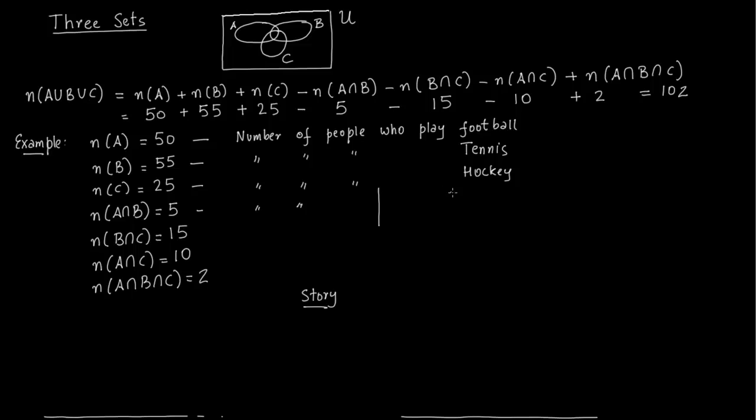So then we have number of people who play football and tennis, 5. So 5 is number of people who play football and tennis. Then 15 is the number of people who play tennis and hockey.